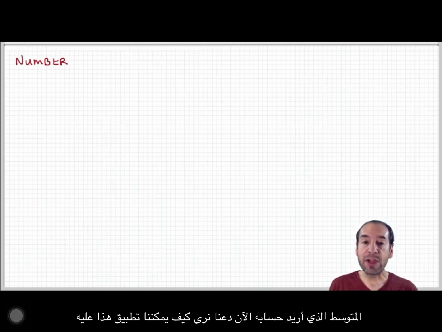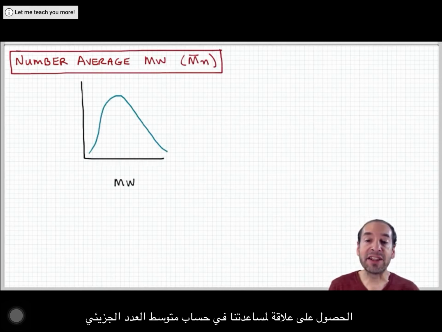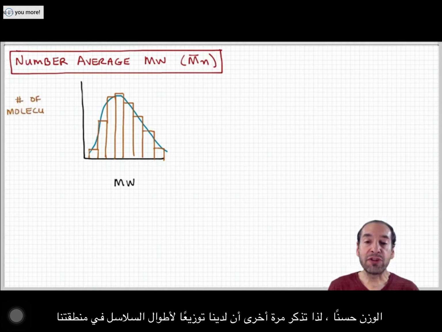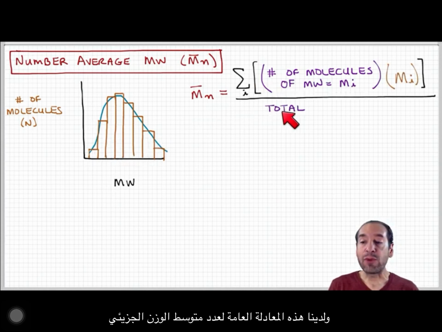Now let's see how we can apply this to actually get a relationship to help us calculate the number average molecular weight. Okay, so remember again, we have a distribution of chain lengths in our sample, or molecular weights, and we're breaking that up into discrete intervals. And we have this general equation for the number average molecular weight.